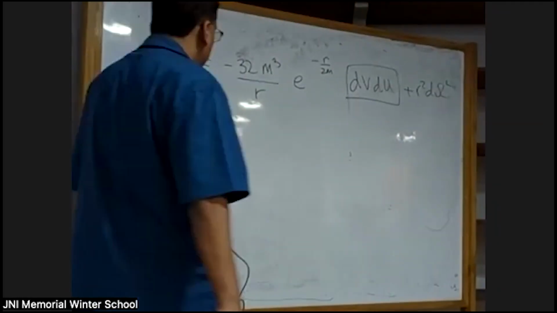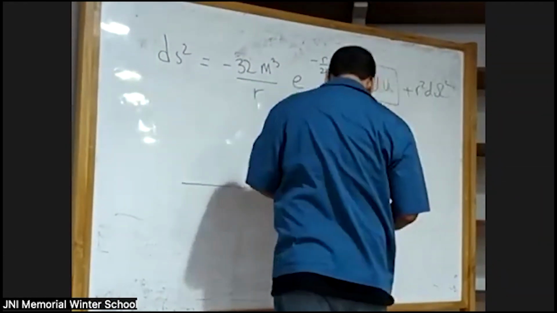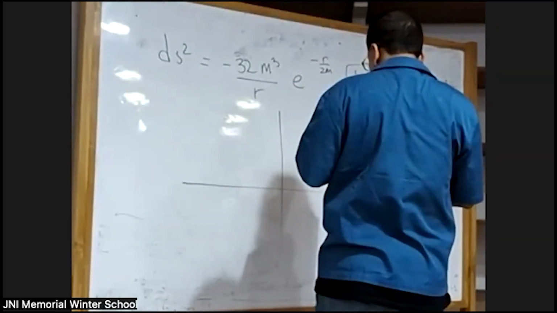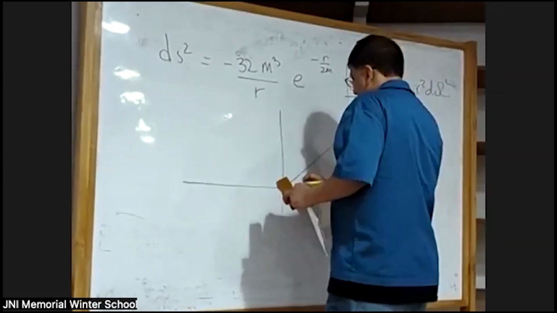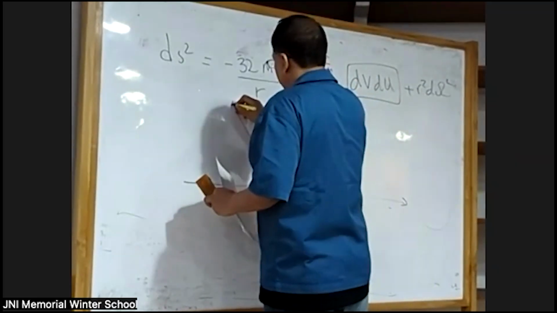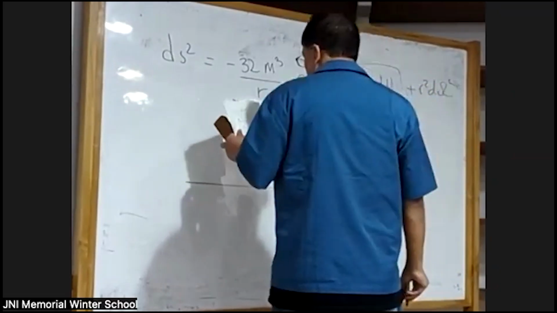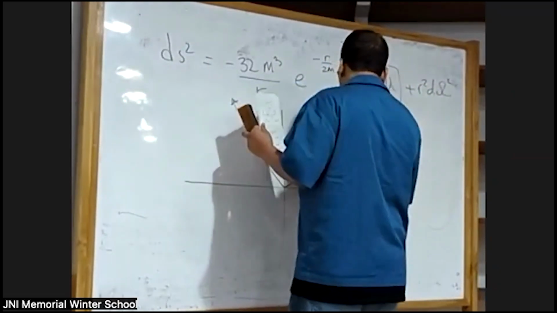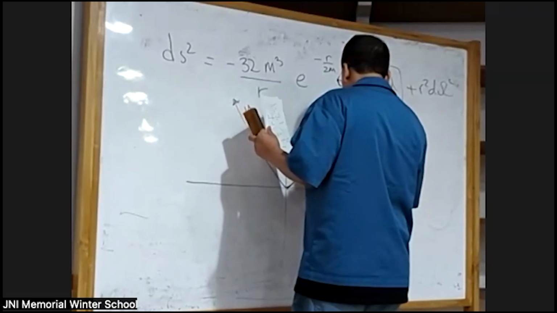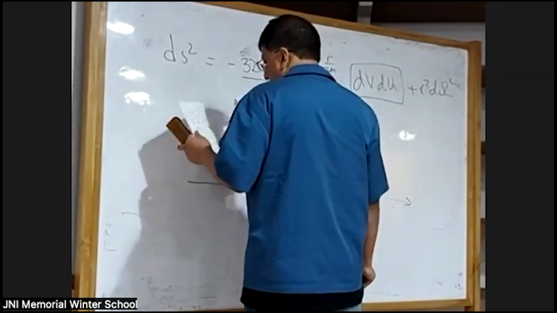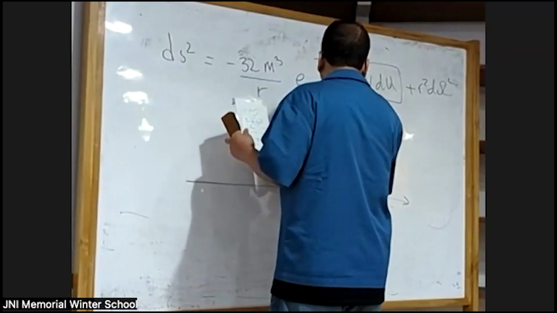Let me draw the picture first. This is big V. This is big U. This is when R is equal to 2m. This is when R is less than 2m.